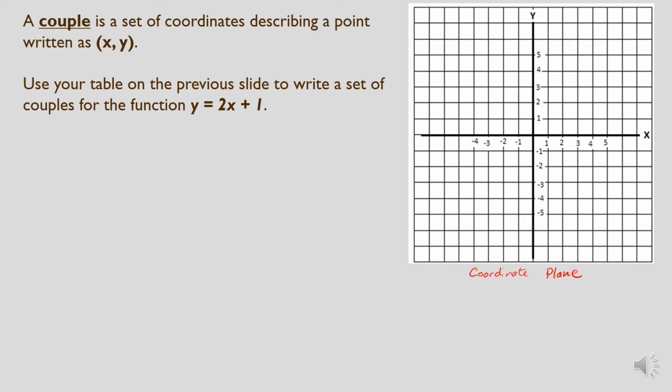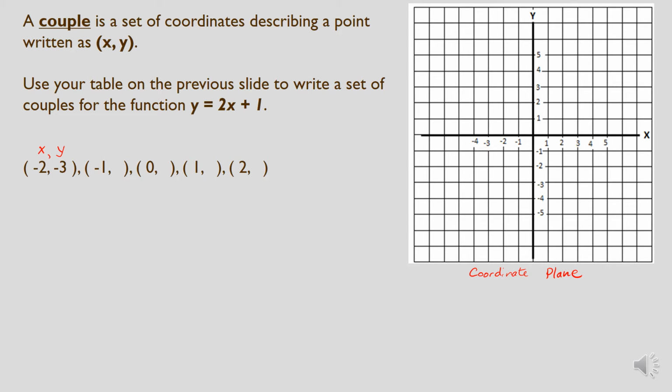So use your table on the previous slide to write a set of couples for the function y equals 2x plus 1. So we did the calculations for that function on the previous slide, and if you recall, the first x value, or the first input, was -2, and the first output was -3.